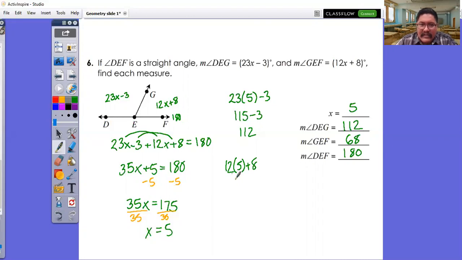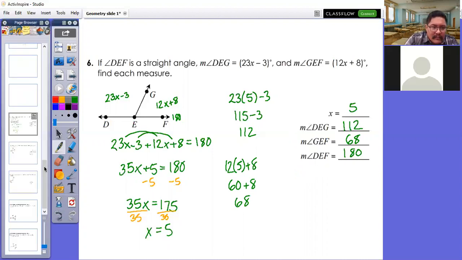And we could also double check it here, which would be about 60, right? 12 times 5 is 60 plus 8, which is also 68. I guess we're not saving a whole lot of work, but that's just another option that you would have, just another way of doing the work here. All right, so we got four more to go.